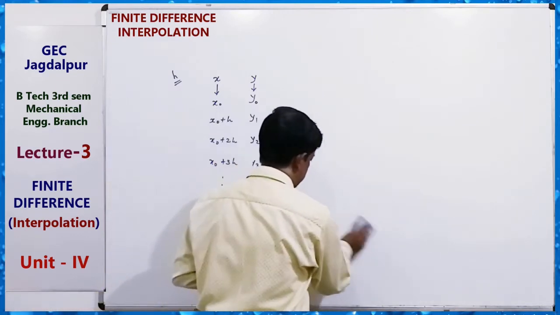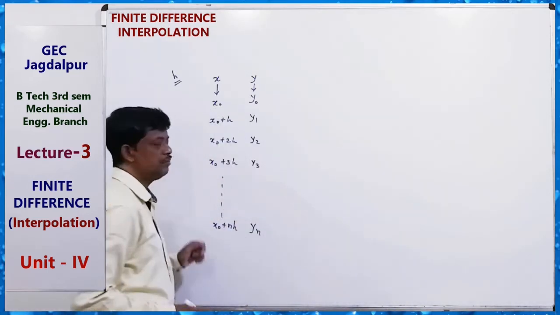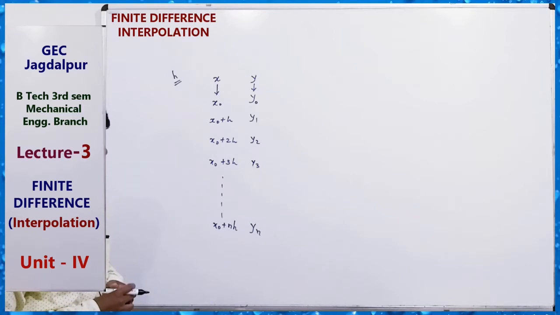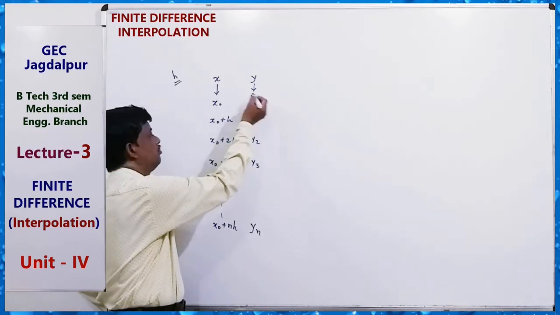Now suppose we have this table with equal intervals, with the given values of y.